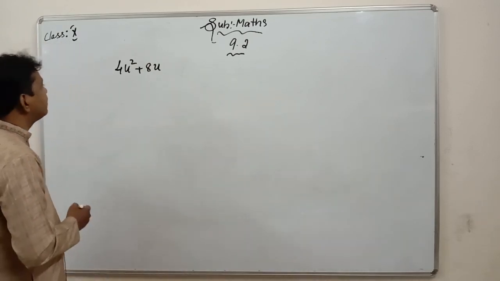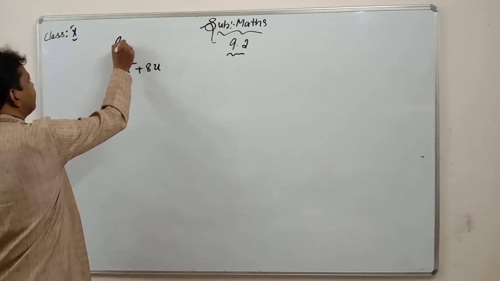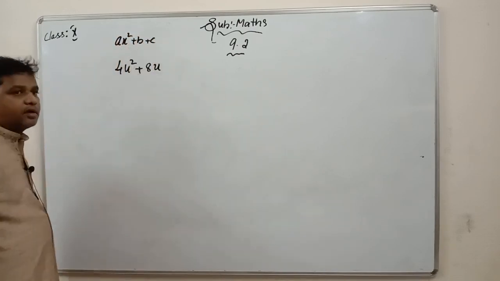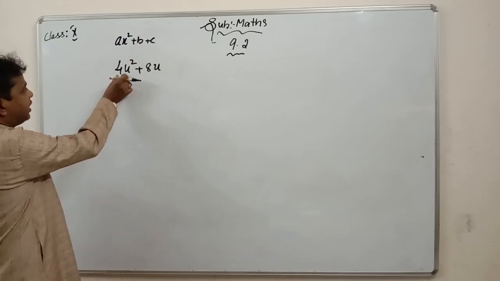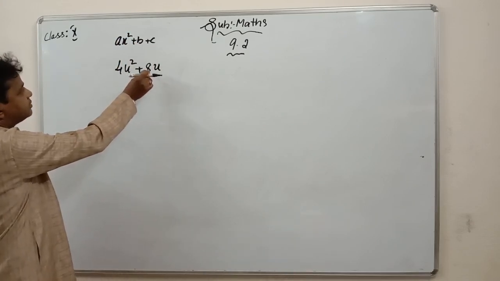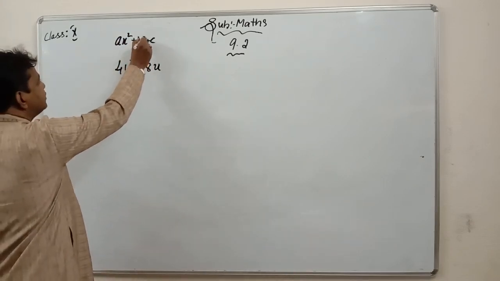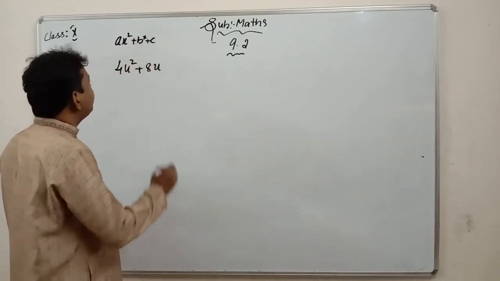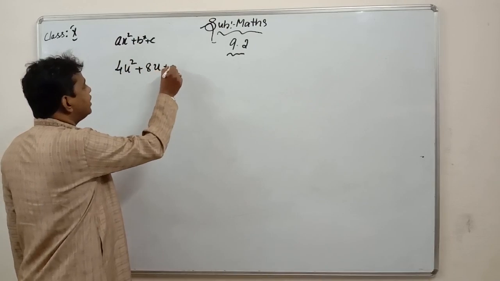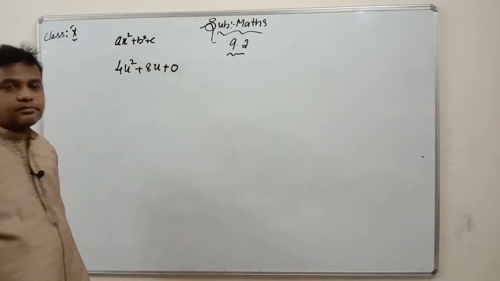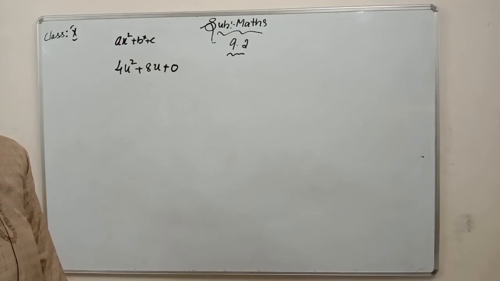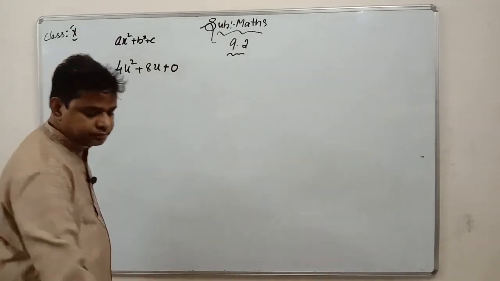We know the general form is ax square plus bx plus c. But c is not mentioned here, so instead of c we'll take it as 0. We are adding 0.